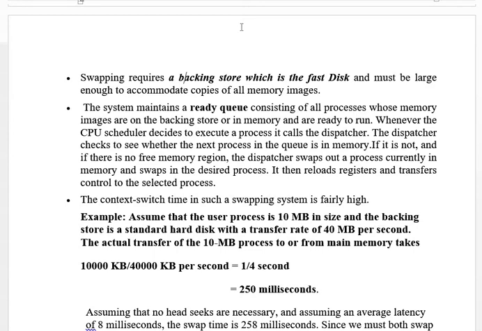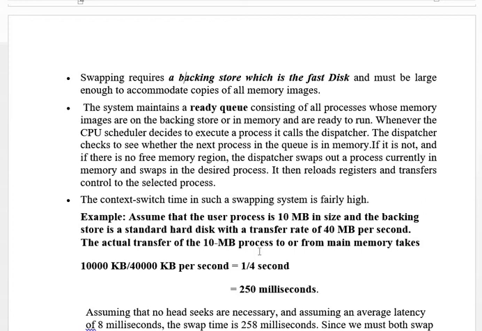Sometimes processes might be sitting idle, so those processes will be swapped out by the dispatcher and the desired process swapped in. It also does housekeeping tasks like reloading the registers and transferring the control to the selected process. So the context switch time in such a swapping system is fairly high.